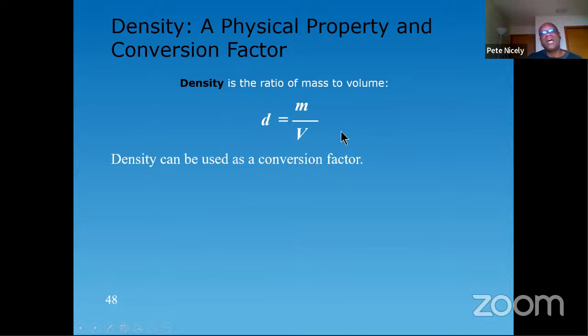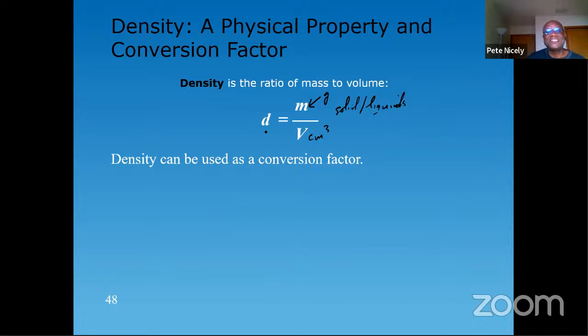All right. Now, for solids and liquids, typically we use the mass units in grams and the volume units in centimeters cubed, all right?